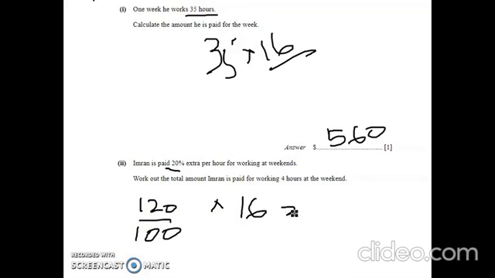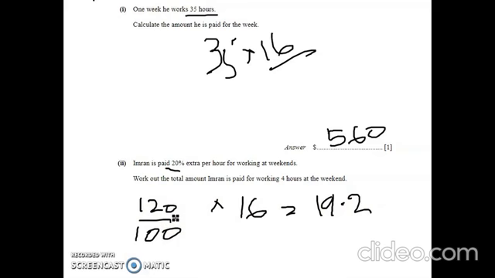That is 19.2. We could have even done that we would have taken out 20% of 16, that is 3.2, and then we could have added in 16, but this is the direct method.